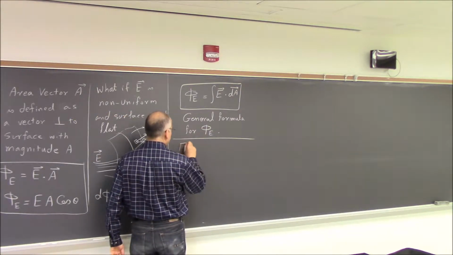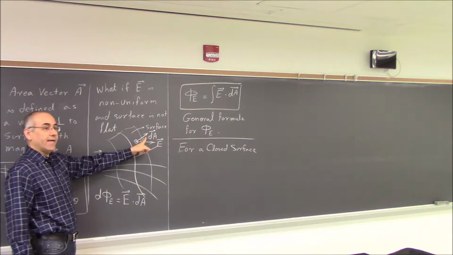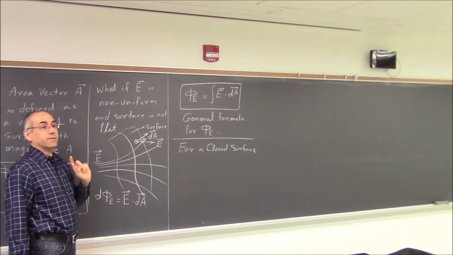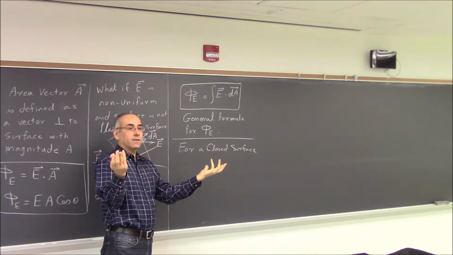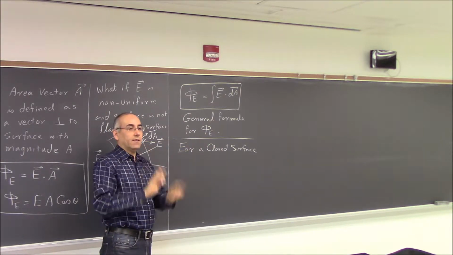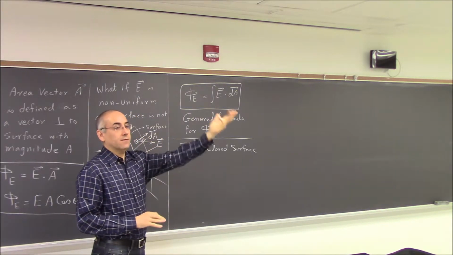For a closed surface, we take the area vector dA outward from the surface, because when you have a closed surface, there's an inside and there's an outside, right? So we can always say that dA, by convention, is outward.